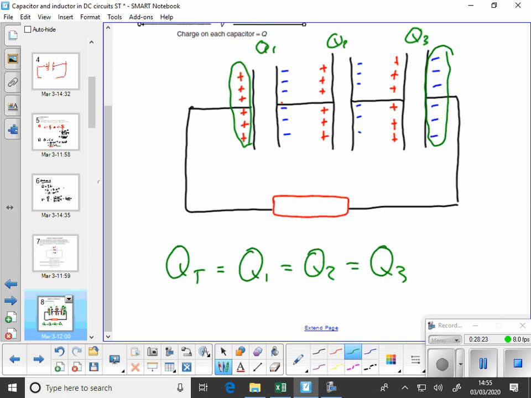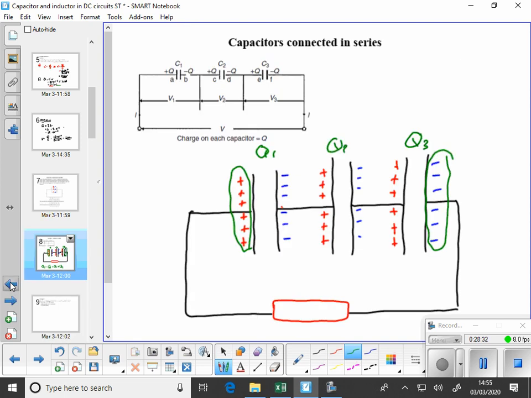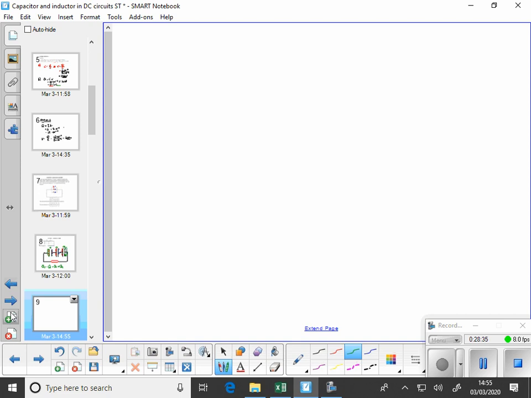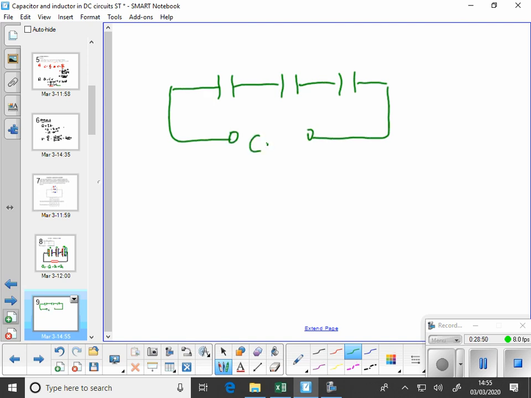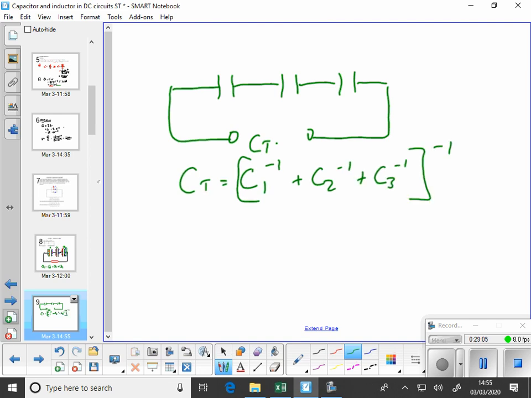And that's not an easy concept to get, but the way we calculate, I got my next slide. So in essence then, the way we calculate total capacitance in series, remember that?